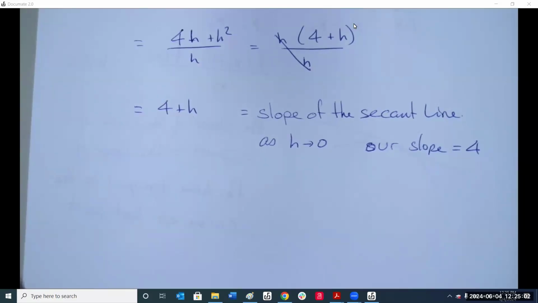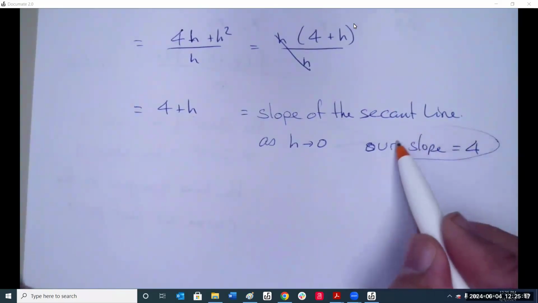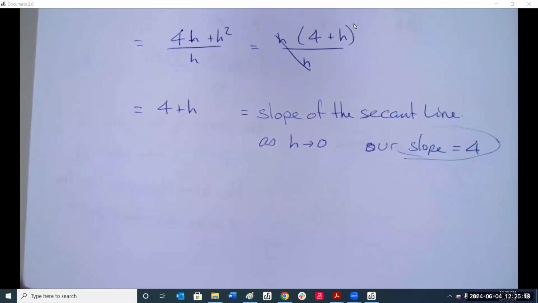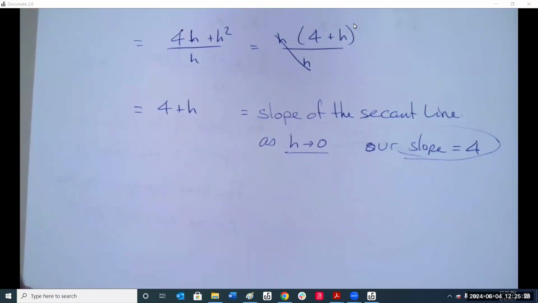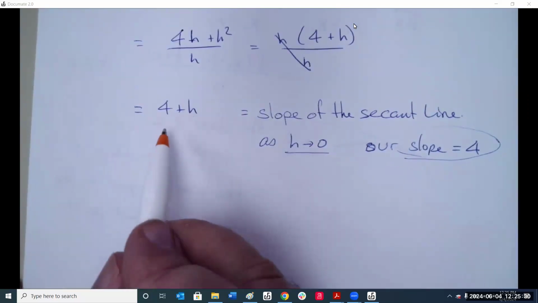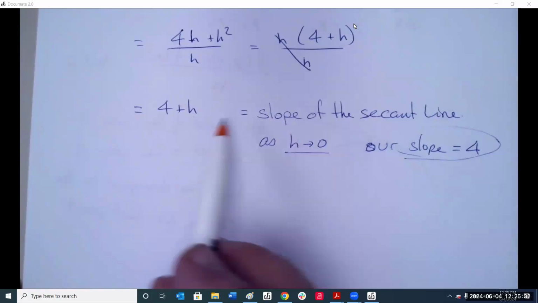What does this have to do with the whole picture we're doing? Remember, we took h to be going to 0. This was the slope of the secant line.